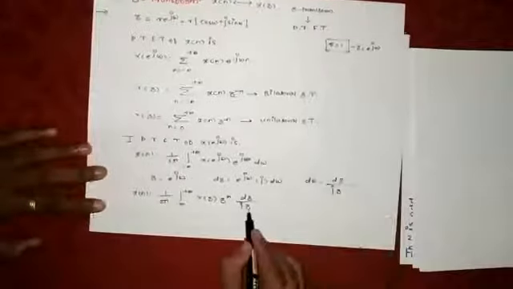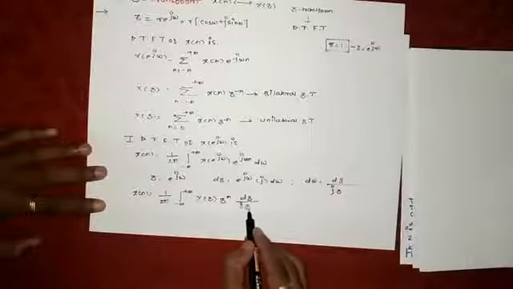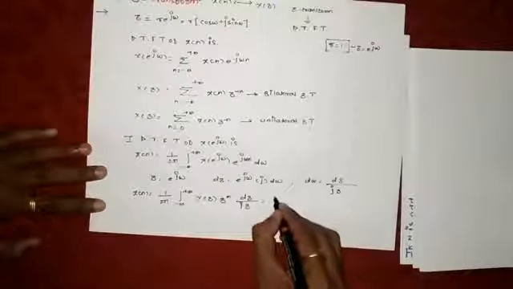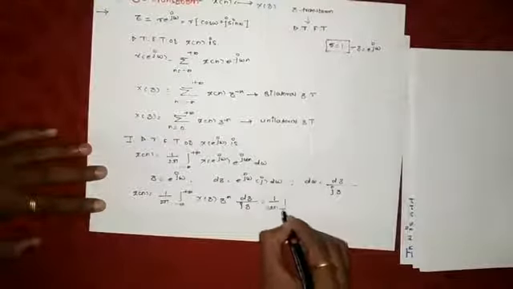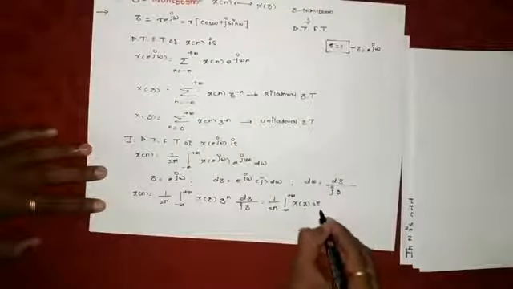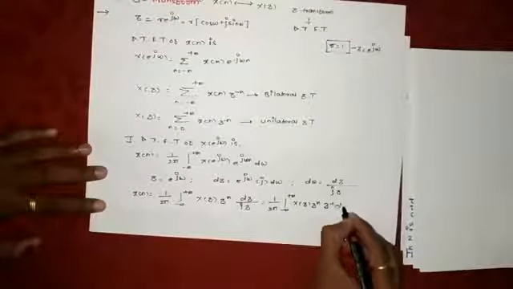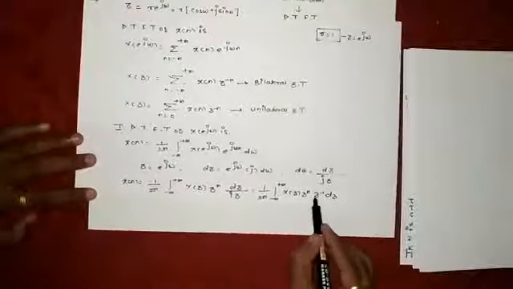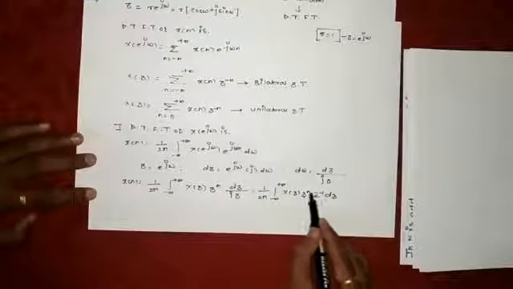Now this z is in the denominator, so if I convert it into the numerator terms, we'll get this equation: 1 by 2 pi integration X of z into z raised to n into z raised to minus 1 into dz. Now here the base is the same, so we can add the power terms.